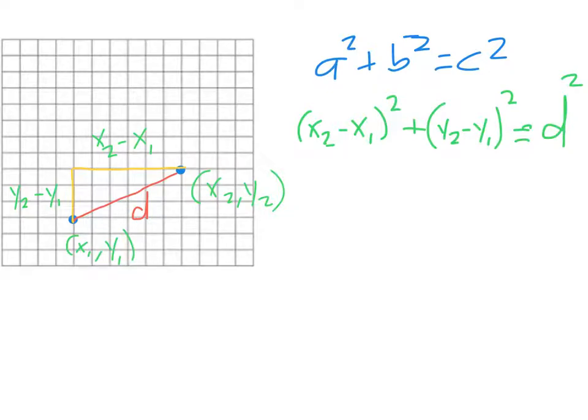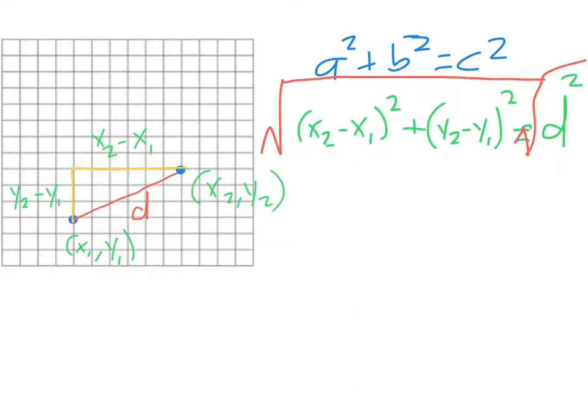Now, what is it we're looking for? We want to know the distance D. So what would I need to do to solve for D? Right now it's being squared. How do you undo squaring something? Take the square root. So I'm going to take the square root of both sides. And I'm also going to rotate this equation around. Okay, so I'm going to write the D first.